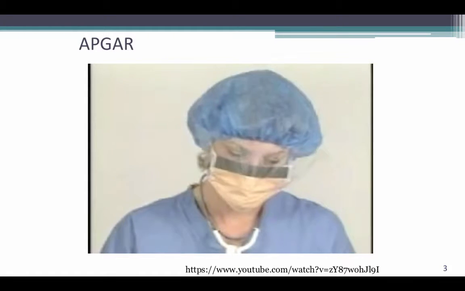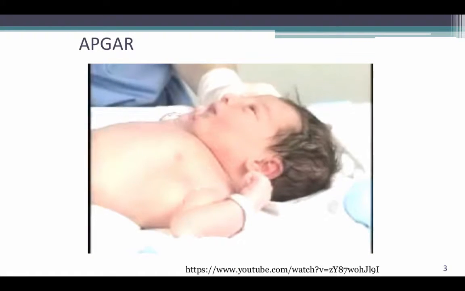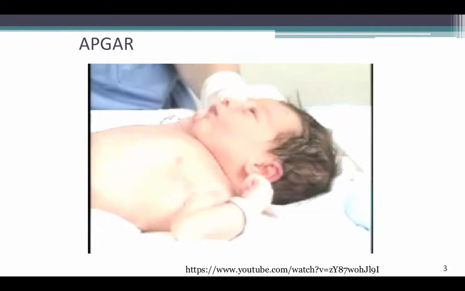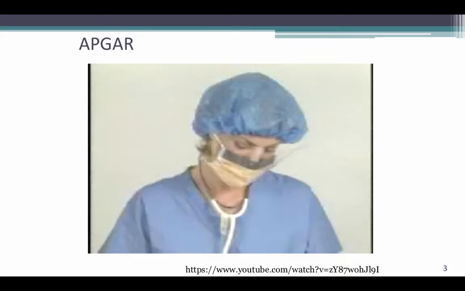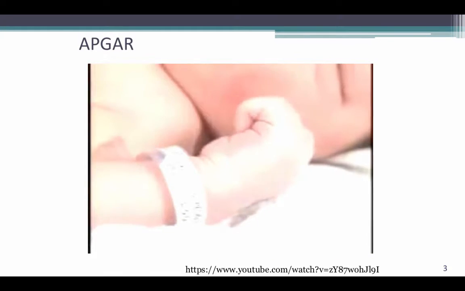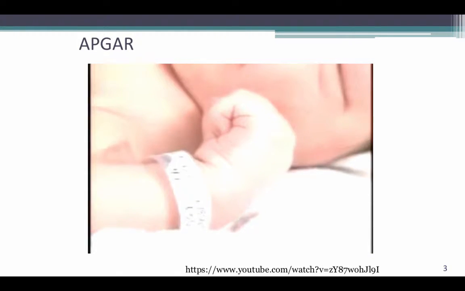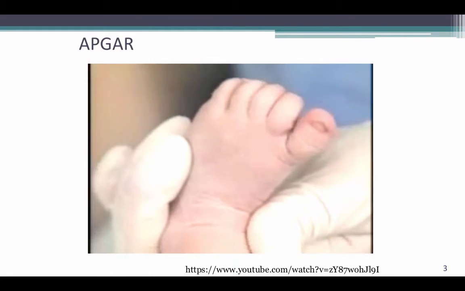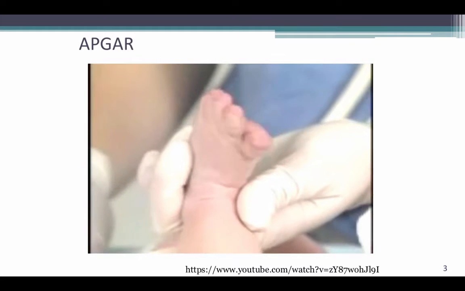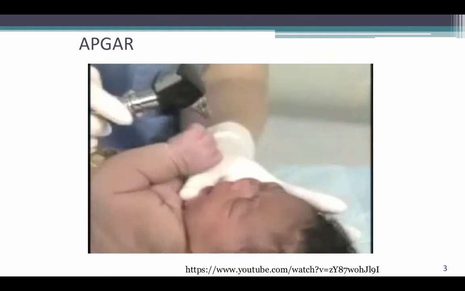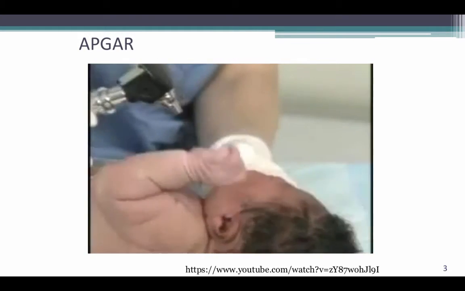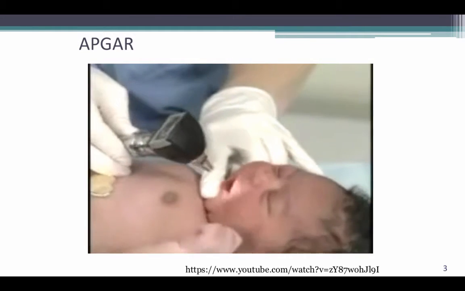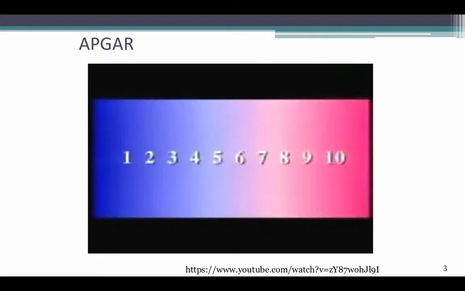Color is the 5th component, and the infant must be assessed for both central and peripheral cyanosis. If the Caucasian infant is completely pink, indicating oxygenated blood, the score is 2. The score is reduced to 1 if the hands and feet are bluish. If the infant is pale or if the body or face is blue, the score is 0. Because non-Caucasian infants may appear ashen gray, the mucous membranes of the lips, mouth, and tongue should be observed for central cyanosis.